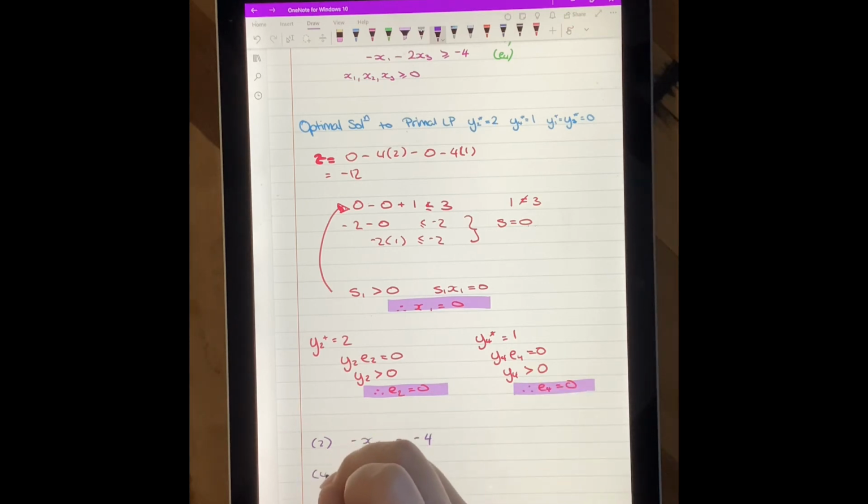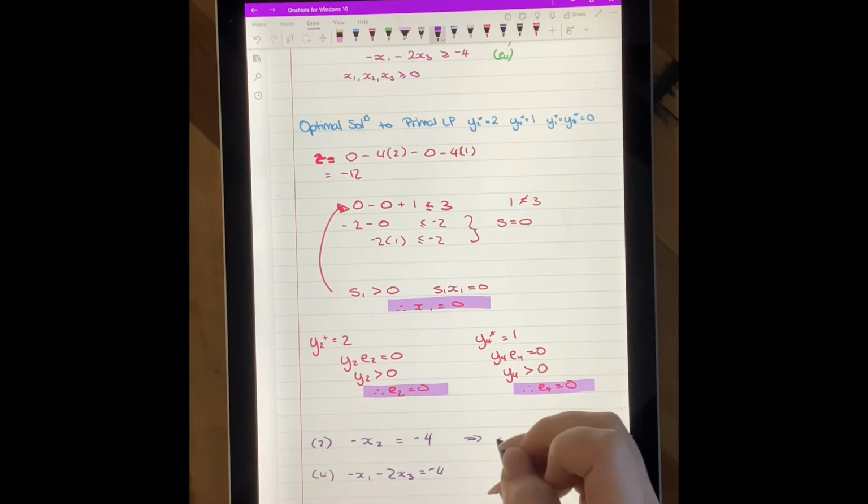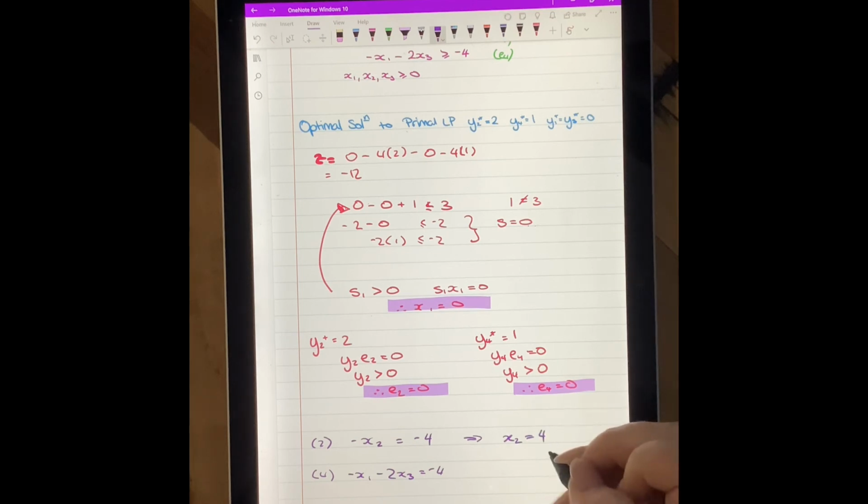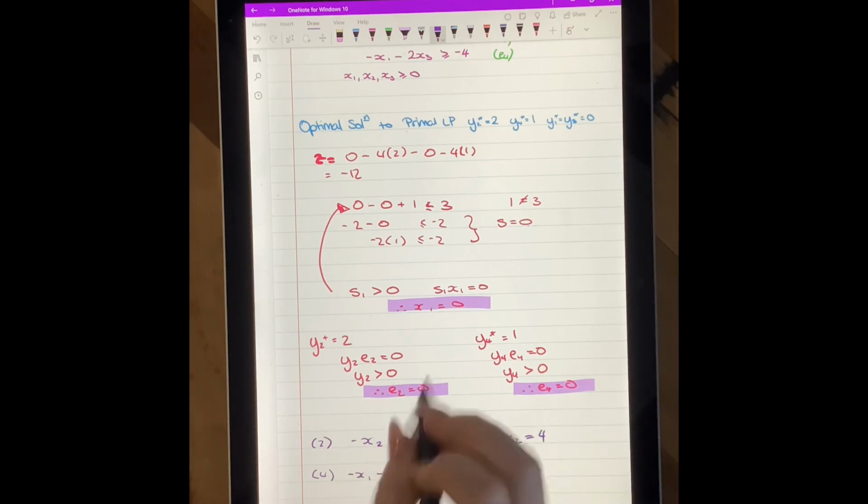And constraint 4 is negative x1, sorry, minus 2x3 equals negative 4. So this is very straightforward, which gives us x2 equals 4. We already have the value of x1 from up here equals 0.